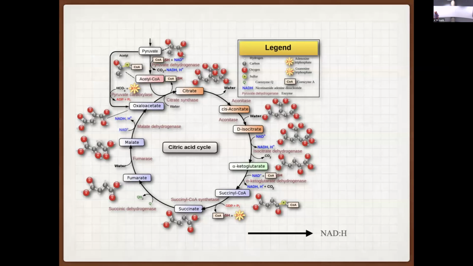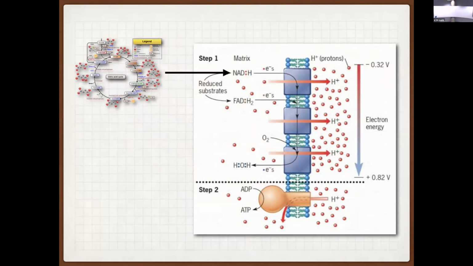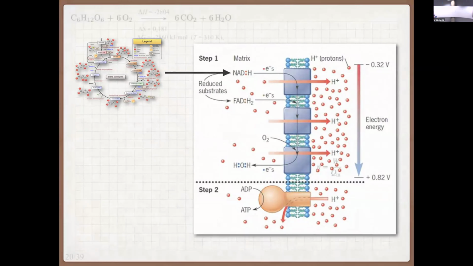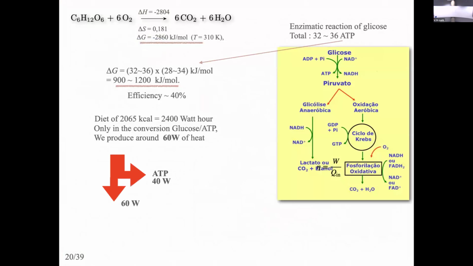So from glucose to ATP, this is the Krebs cycle. Then it goes inside the mitochondria and has a lot of processes. I'm not going into this, but the fact is, for every mole of glucose, you have around 32 to 36 moles of ATP.